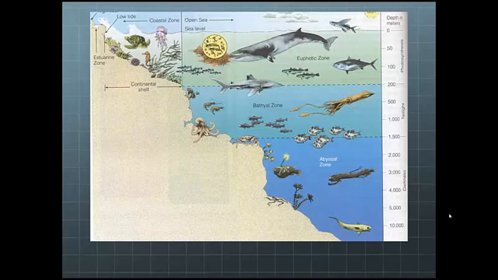You have the coastal zone, which is similar to the littoral zone in the lake. It's characterized by the meeting of terrestrial and aquatic, and you can also include the estuaries in that. You then have the euphotic zone, similar to the limnetic, the bathyal zone, and the abyssal zone.